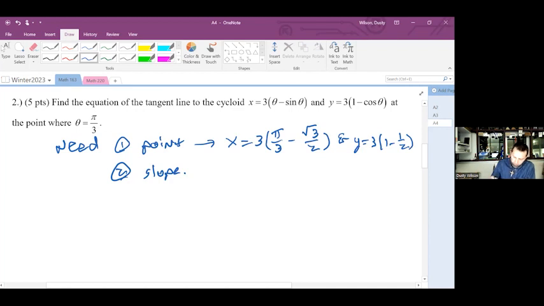Okay. So now we've got to find the slope. To find the slope, we need to find dy d theta, and we need to find dx d theta.